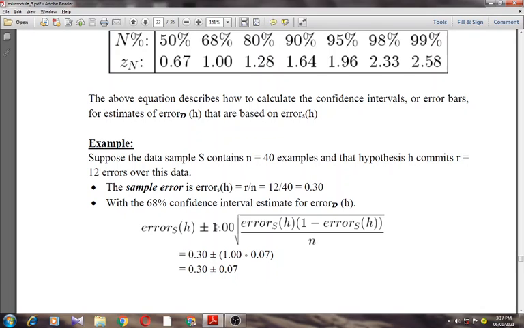We can calculate the 68% confidence interval in this case to be 0.30 plus or minus 1.0 into 0.07. It makes intuitive sense that the 68% confidence interval is smaller than the 95% confidence interval, because we have reduced the probability with which we demand that error D of H fall into the interval.